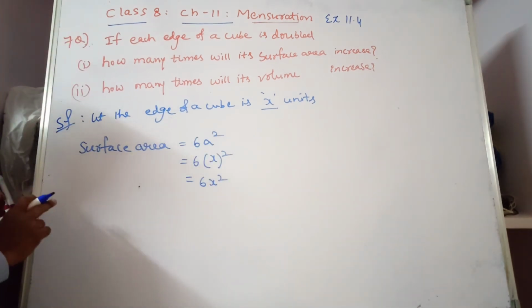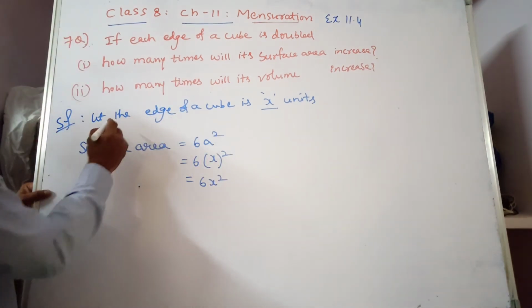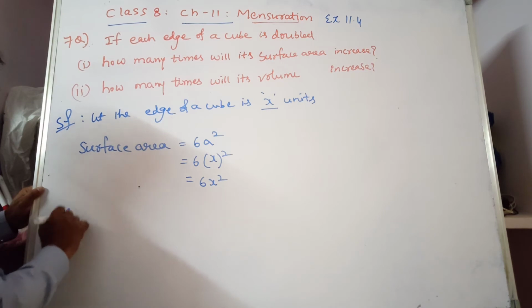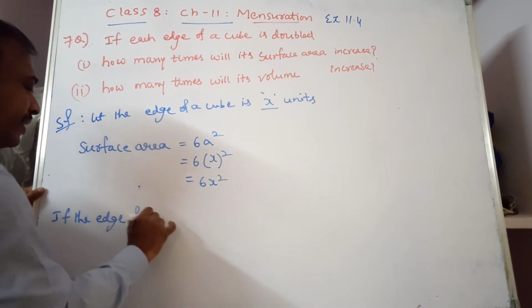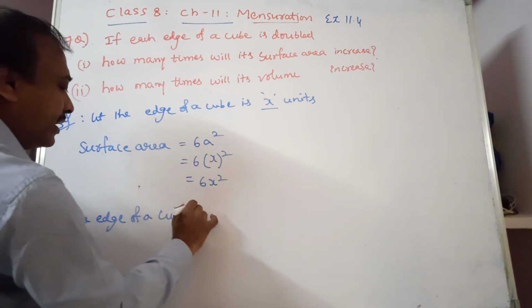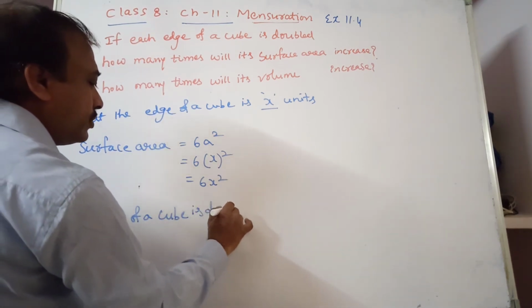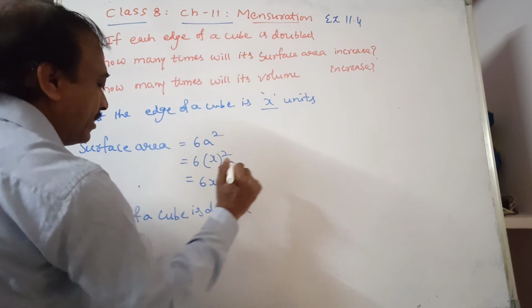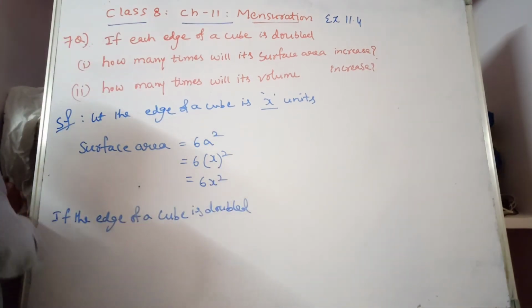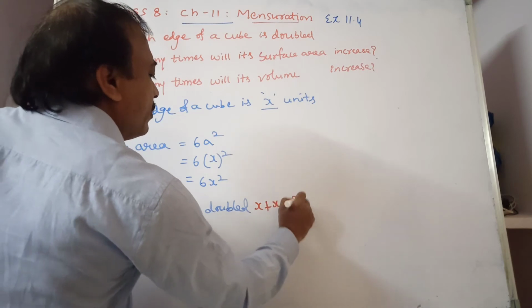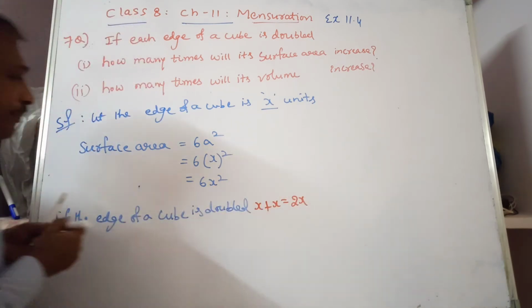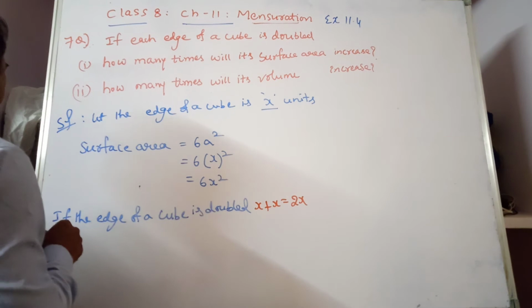Now observe it. If the edge of the cube is doubled, what does the edge become? x plus x, which is equal to 2x. This is the new edge.